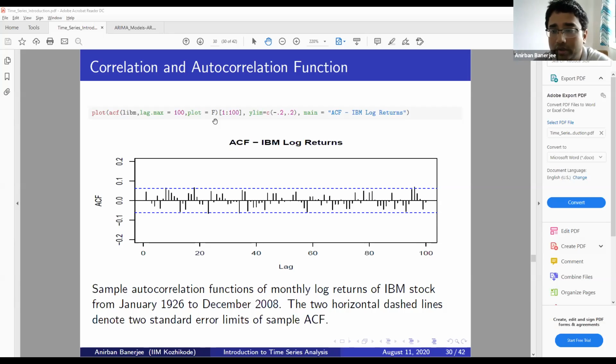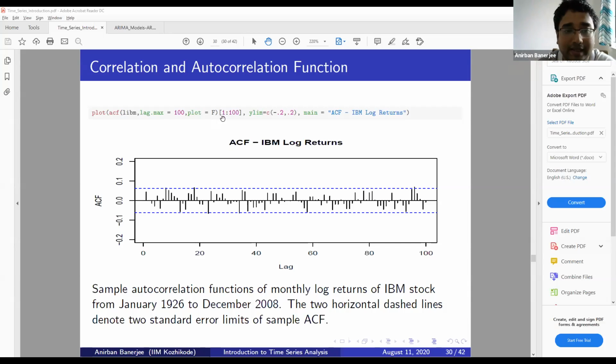Now this will be from the start. As in most statistical packages, it will start from lag 0 till lag 100. There will be 101 values, starting from lag 0 till lag 100. So what I'm doing is that I am just taking 1 to 100. I'm dropping the rest, so I'm dropping the lag 0 value.